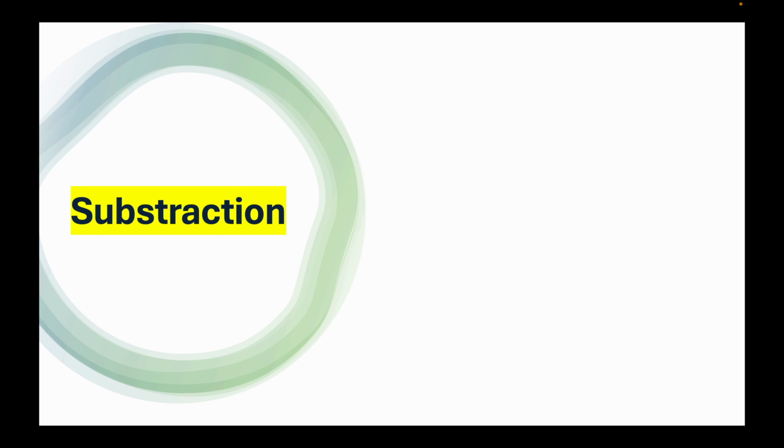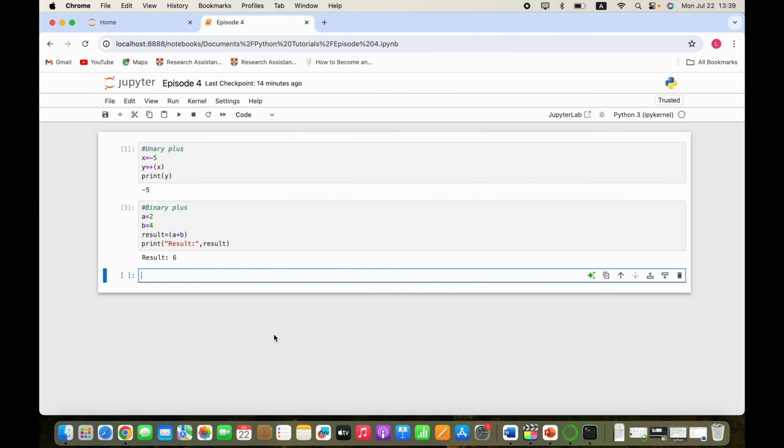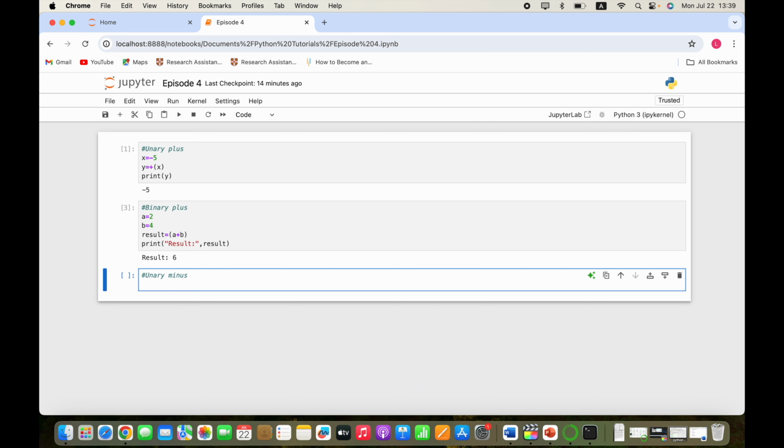The next is the subtraction operator, and the unary minus operator is applied on a single operand, whereas the binary minus operators are applied on two operands. Now let's see some examples. As unary minus, we're going to do similar to the unary plus.